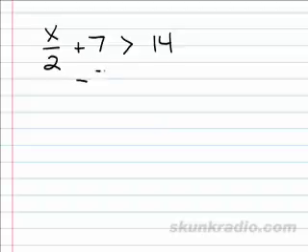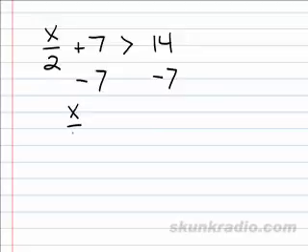So let me subtract 7. Whatever I do to one side, I'm going to do the same thing to the other. And then I can rewrite this down below. I can write this x over 2 term again. And this positive 7 minus 7 goes to 0, so it went away. And then positive 14 minus 7 is positive 7.